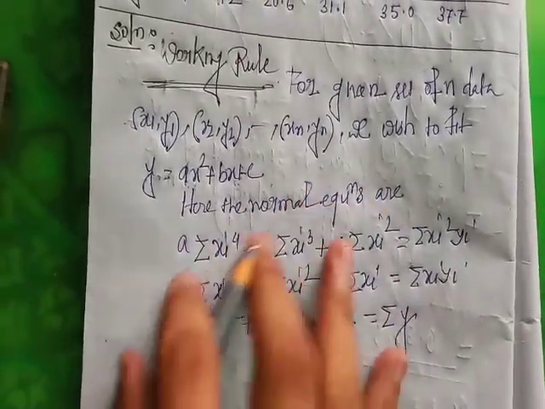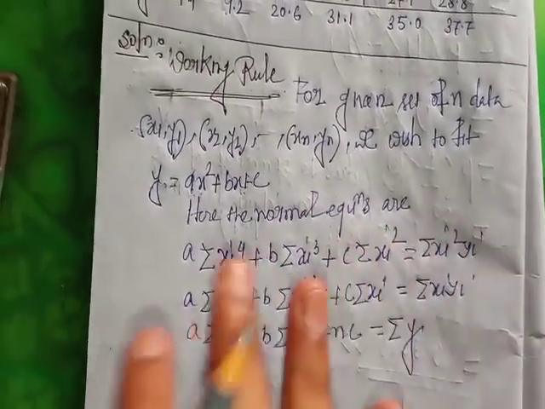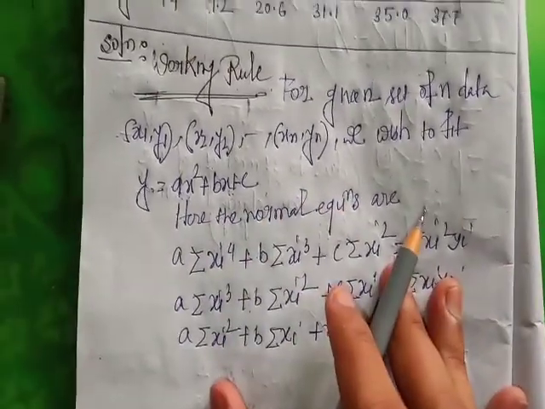So there are three normal equations for fitting a parabola y equal to ax square plus bx plus c.